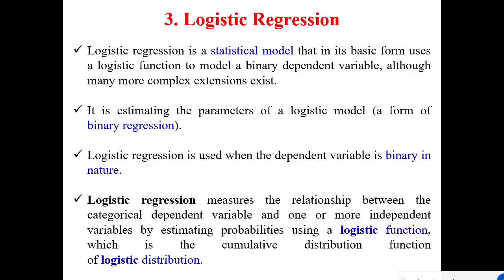Logistic regression is used when the dependent variable is binary in nature, like ones and zeros. So, logistic regression measures the relationship between the categorical dependent variable and one or more independent variables by estimating probabilities using a logistic function, which is the cumulative distribution function of the logistic distribution.